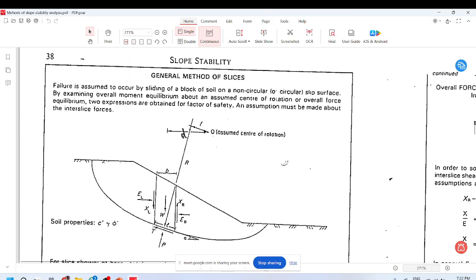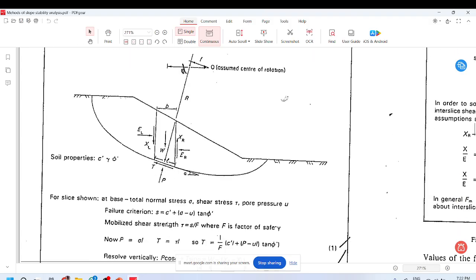T is the total tangential force along this failure surface.